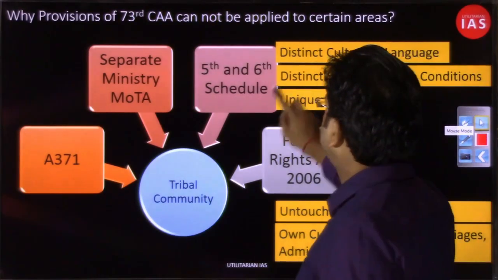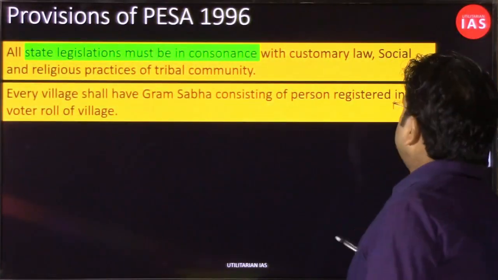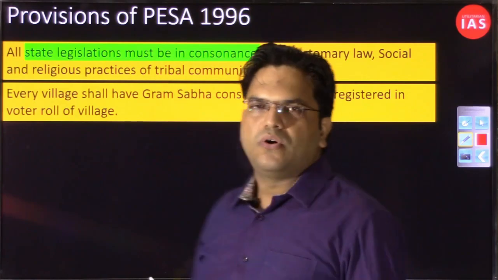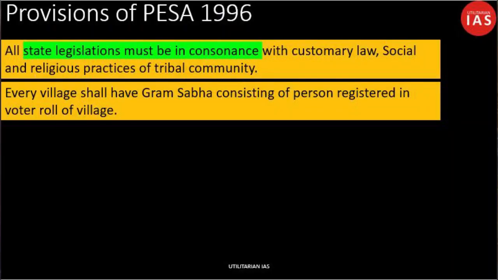Now we are delving into the provisions of this act, that is, the provisions of the PESA Act, 1996. Now the first provision, if you can read on the screen: all the state legislations, all the laws that a state is passing, should be in consonance with the social practices, the religious practices or beliefs, or the customary practices that they are practicing.